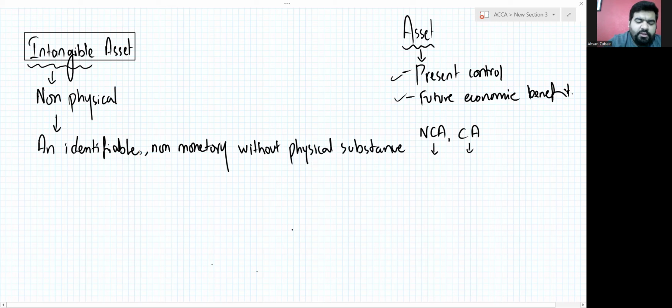This is the basic definition of intangible asset according to the standard: an identifiable non-monetary asset without physical substance.